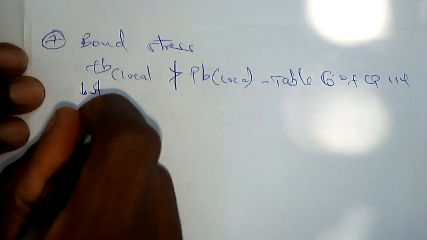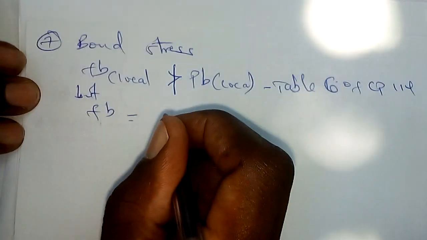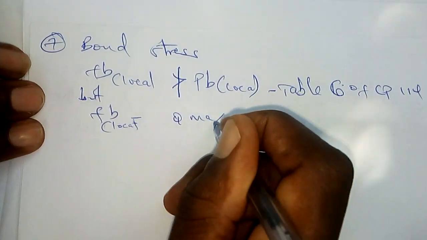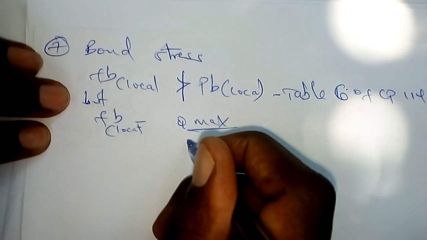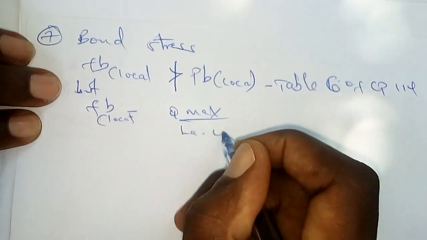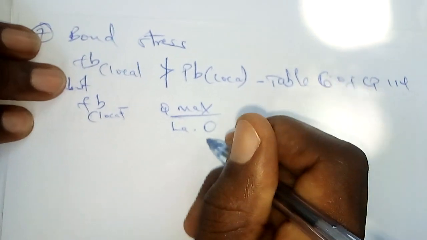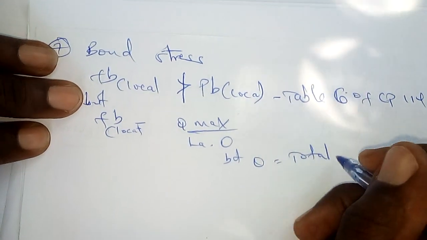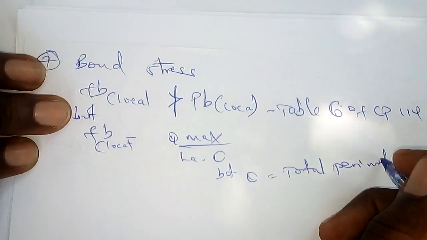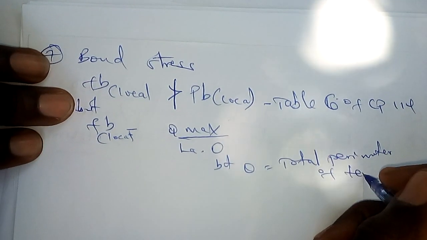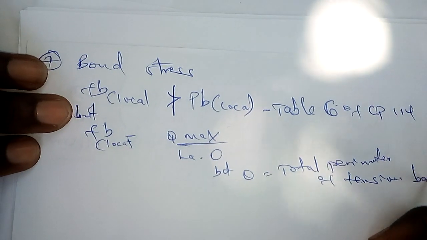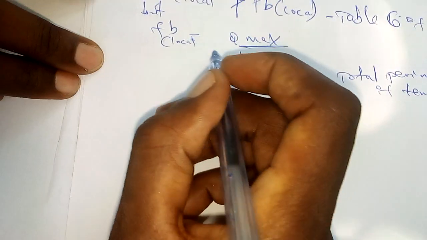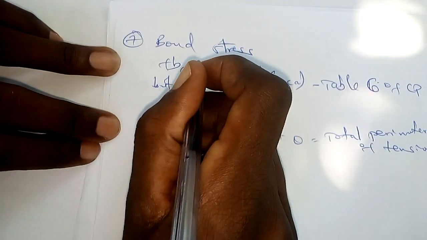The calculated bond is equal to Q max all over lever arm LA multiplied by O, where O is the total perimeter of tension bars. Okay, we'll calculate. This is under local bond stress.